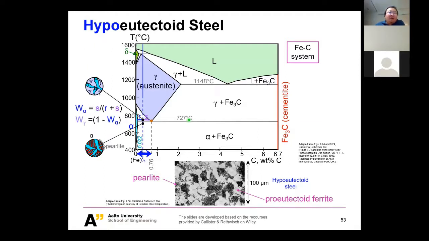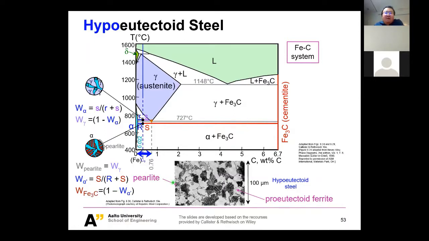If you want to calculate how much ferrite, so alpha phase, I have, you're going to use the capital R here and the capital S. If you just use the lever rule, you easily get that alpha is capital S divided by capital R plus S, and the cementite is 1 minus that.